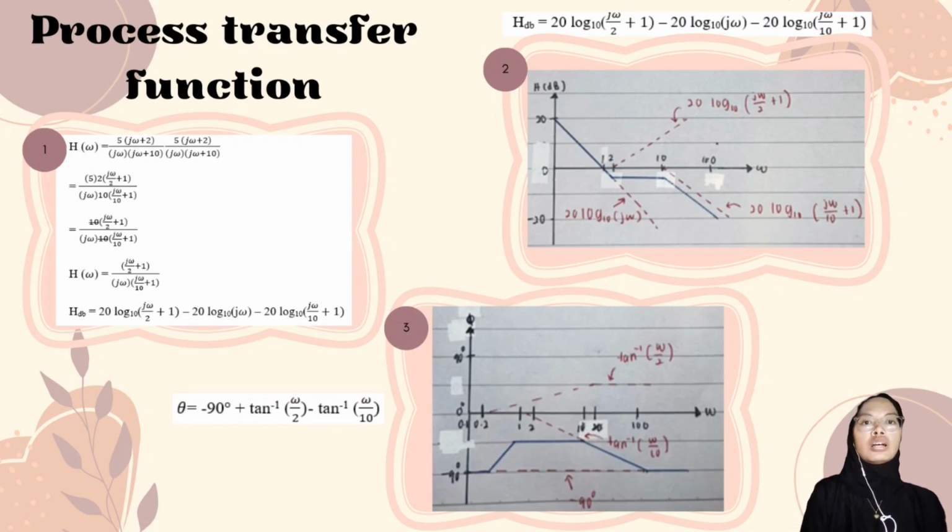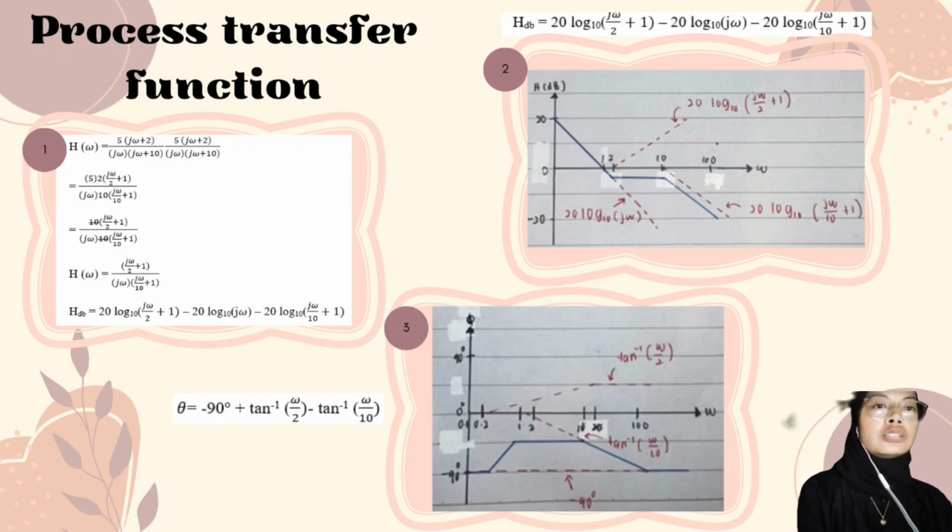So we will cut the 10, and then the answer we will get, H of omega, is (j omega divided by 2 plus 1) divided by j omega times (j omega over 10 plus 1).